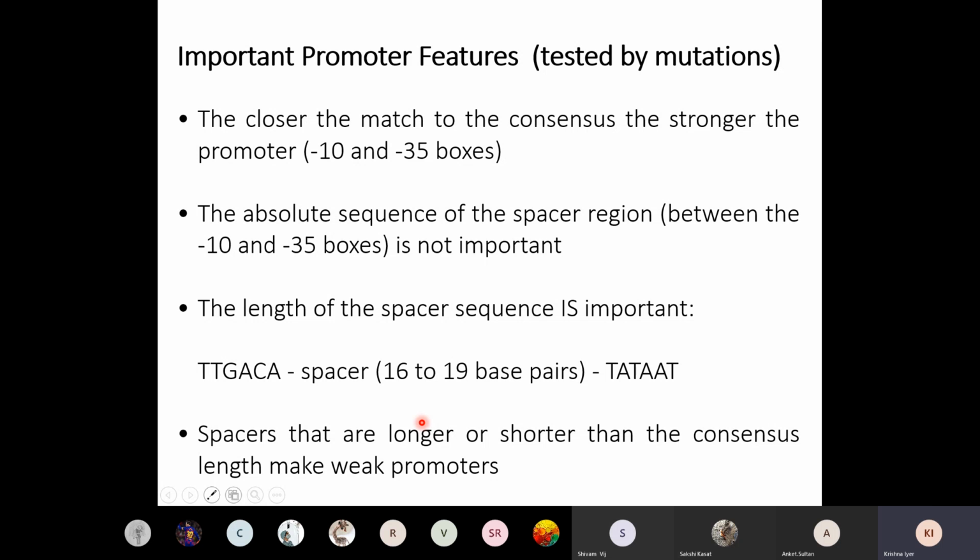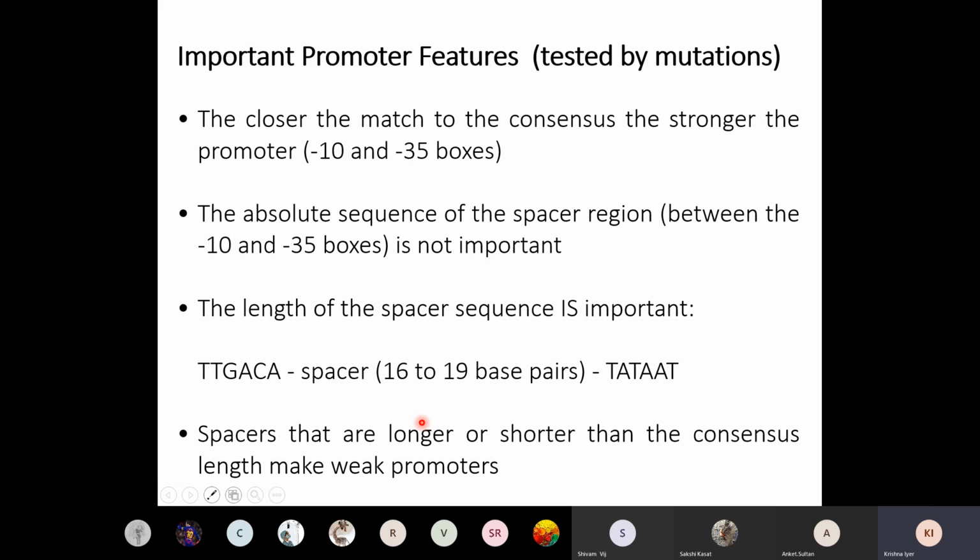And the more the deviation from the consensus sequence, or base sequence, the slower the rate of transcription, or the more sluggish the transcription. So the amount of RNA you generate will be less in number because you're not going to read it as often or as quickly.